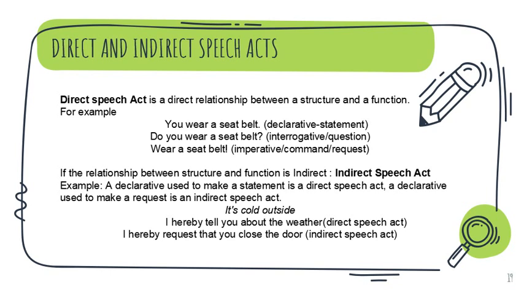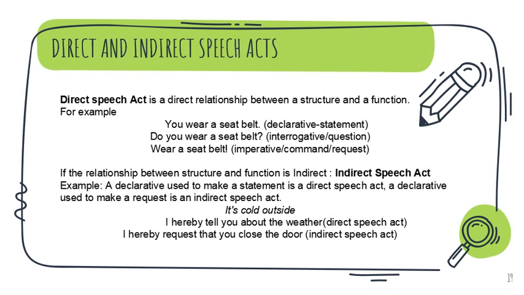A different approach to distinguishing types of speech acts can be made on the basic structure. In English, there is an easily recognized relationship between the three structural forms, declarative, interrogative, imperative, and the three general communicative functions, statement, question, comment, or request.